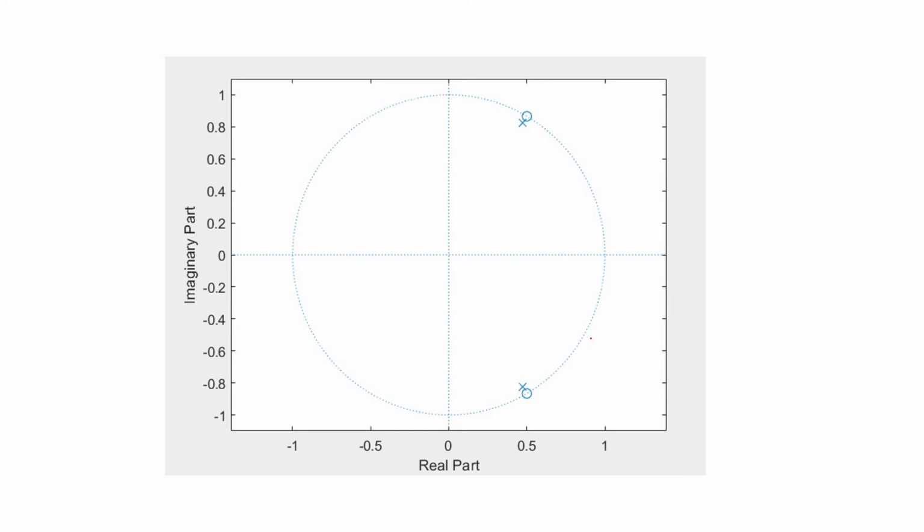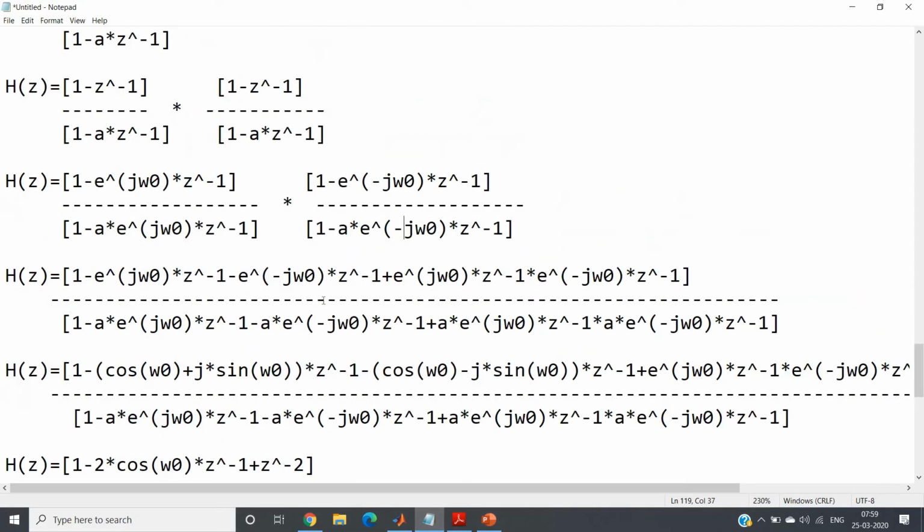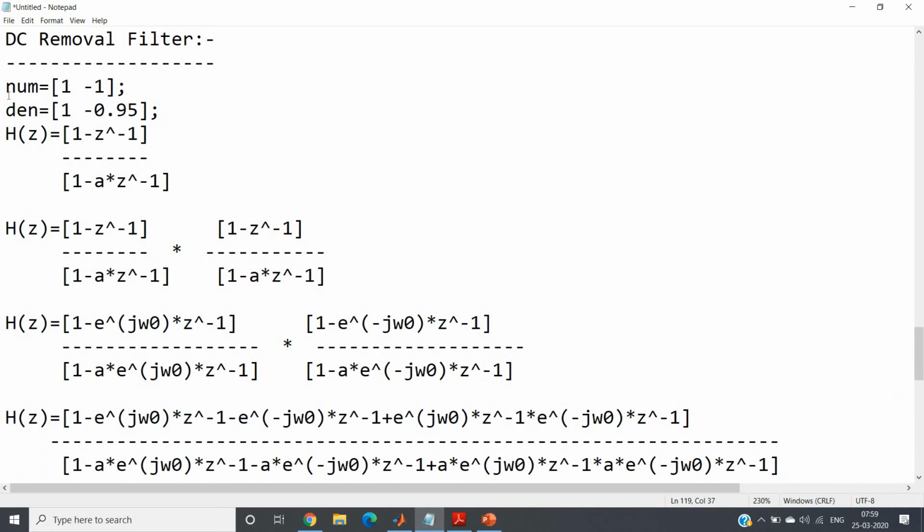So now let us go to the mathematical calculation: how we can do this shifting and what our new response is. For the DC removal filter, which we worked with earlier, we had numerator coefficients 1, minus 1, and denominator 1, minus 0.95. In general, instead of 0.95, let us take a constant term a.